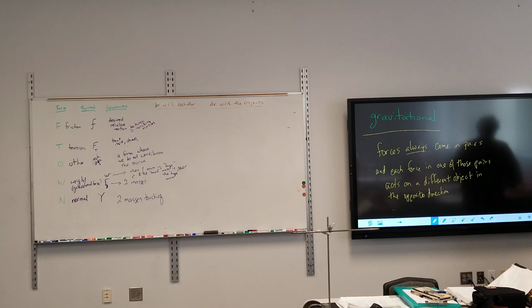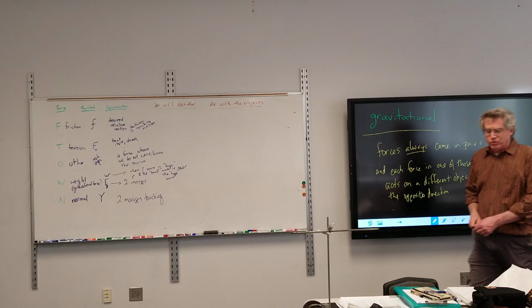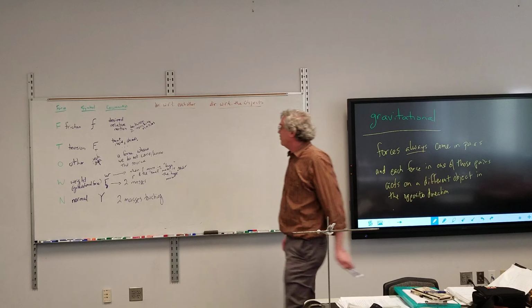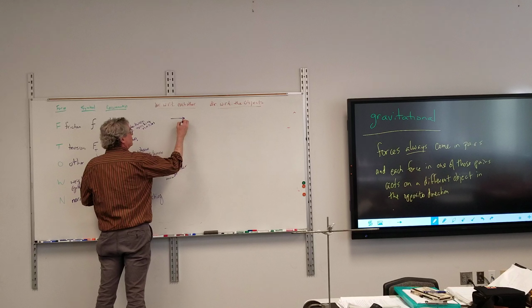So when we start doing force diagrams, we're going to be putting forces down in pairs. The 2 forces that we will draw down, we'll draw 2 arrows. Each arrow will act on a different object, and they will act in the opposite directions. So when I say the direction with respect to each other, that's what I'm referring to, the fact that we have 2 forces that will be in opposite directions. In the case of friction, they will be anti-parallel.